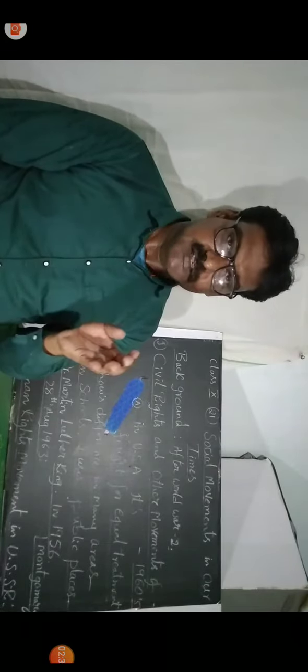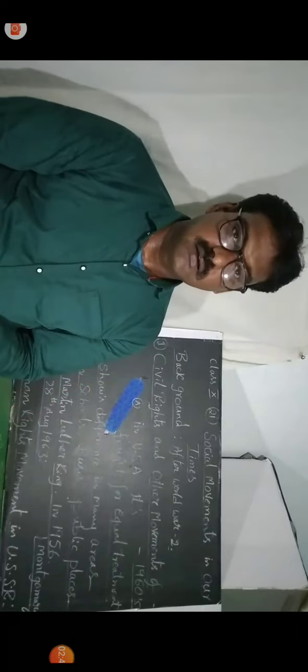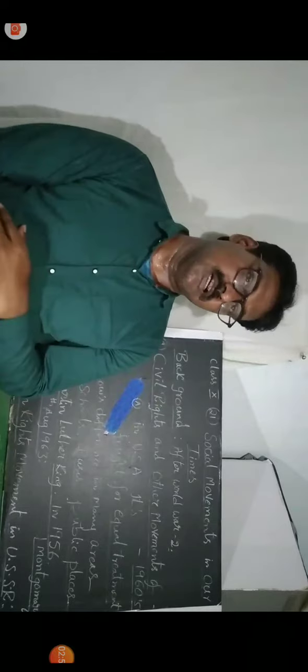America achieved independence on 4th July 1776, but even after that, Afro-Americans, meaning black people, did not get justice. The white people dominated the society.